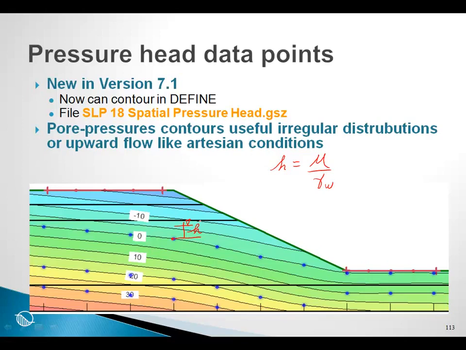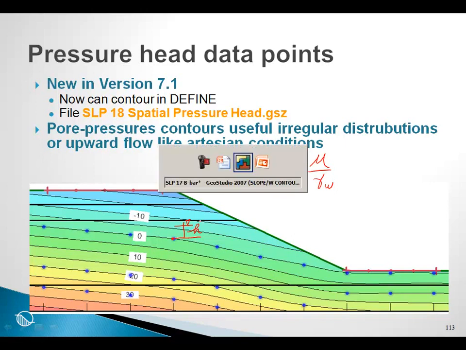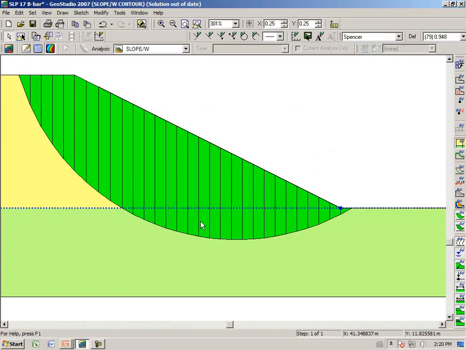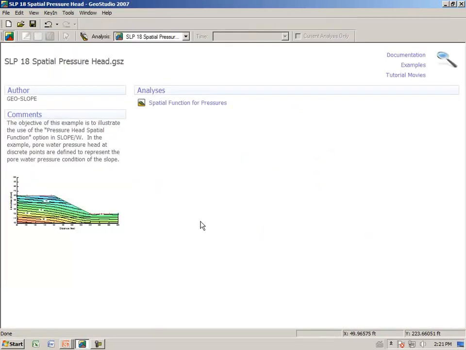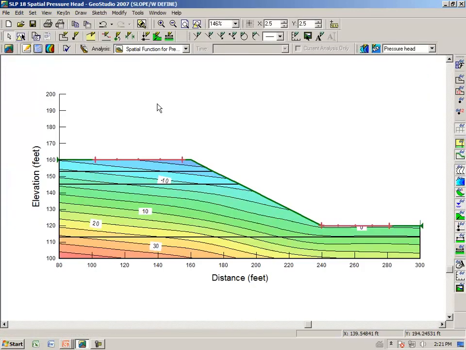We can illustrate this a little bit further by opening up SLP 18. SLP 18 has one analysis in it, and the analysis here is to illustrate how pore pressures can be defined by defining the pressure head at a series of XY locations.